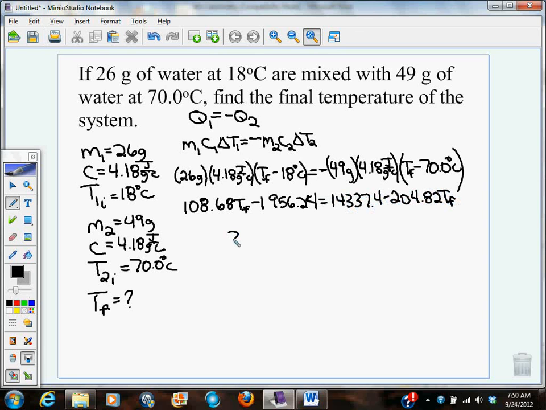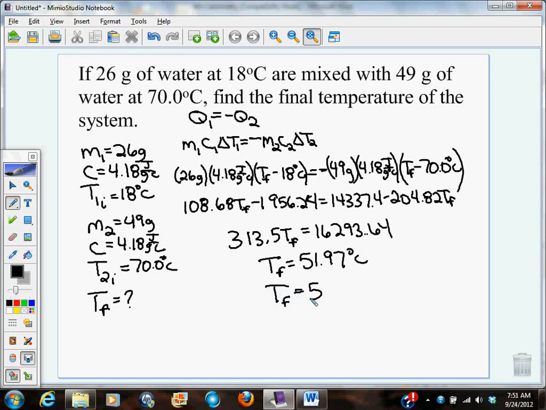Gathering up terms on both sides, I get 313.5 times temperature final is equal to 16,293.64. My final temperature, if I divide both sides by 313.5, is 51.97 degrees Celsius. For the two sig figs, I get that TF is equal to 52 degrees Celsius.